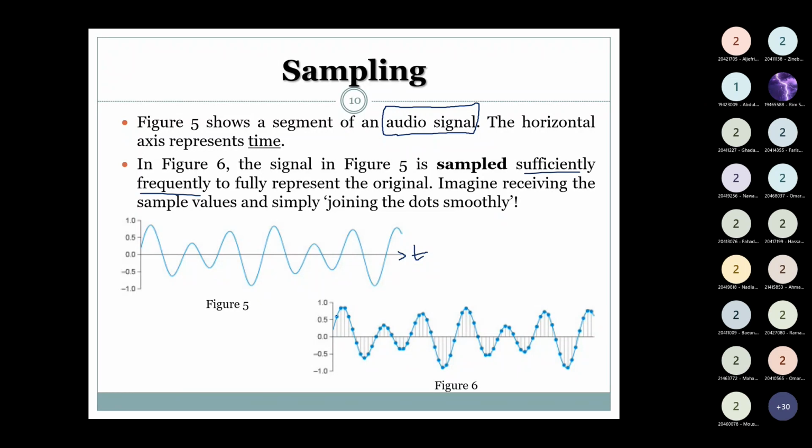You can see that all the fluctuations in the signal are sampled. I have many samples that will represent all these fluctuations. So imagine receiving the sample values and simply joining the dots smoothly. You will have the same signal.